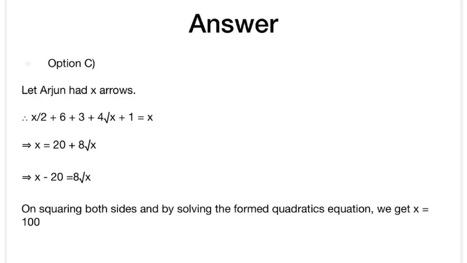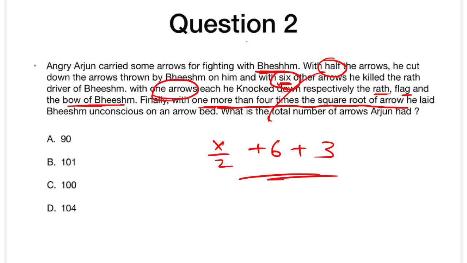Let Arjun have x arrows. As we saw before, they said one more than 4 times the square root of x, so we take it as 1 plus 4 root x.